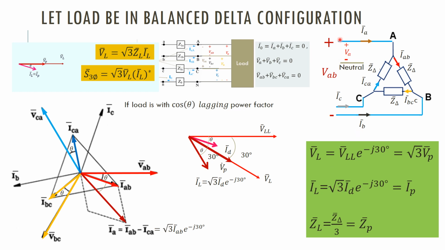Here we are considering this part, IL. Then ZL is equal to Z delta over 3. You know, the equivalent impedance of that one will be Z delta over 3. We proved just before that this is equal to ZP.